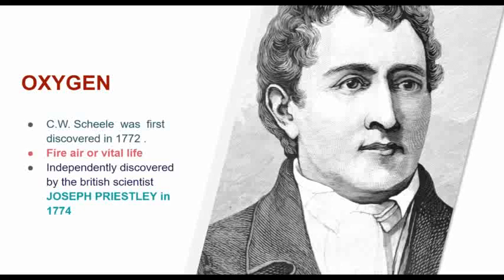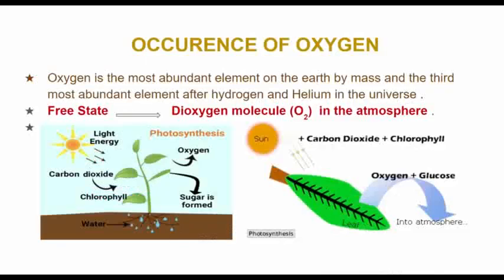Now we will see the occurrence of oxygen. Oxygen is the most abundant element on the Earth by mass and the third most abundant element after hydrogen and helium in the universe. It occurs in both free state and combined state. It is present in free state as dioxygen molecule in the atmosphere.